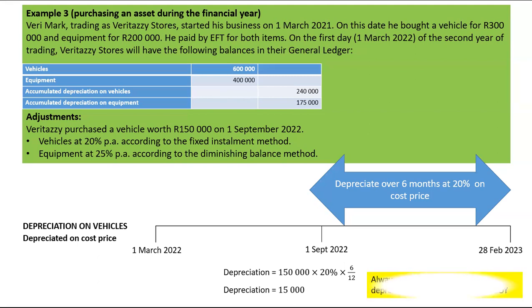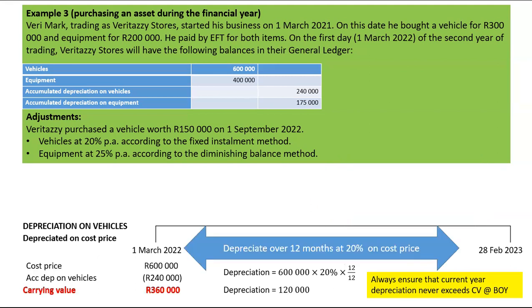So there's no need here for us to even calculate carrying value of this asset at the beginning of the year. Now, when you calculate depreciation on vehicles, it'll be this 15,000 of the new vehicle plus the 120,000 of the old vehicles, which will give you 135,000 in total.